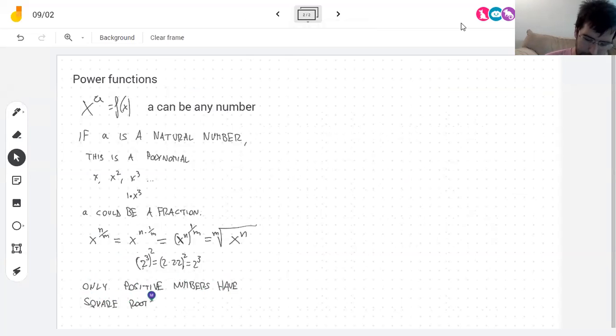Only positive numbers have square roots. So for example, x to the 1/2, which is a square root function, looks like this, like I just drew, a half parabola. This function has domain non-negative reals.